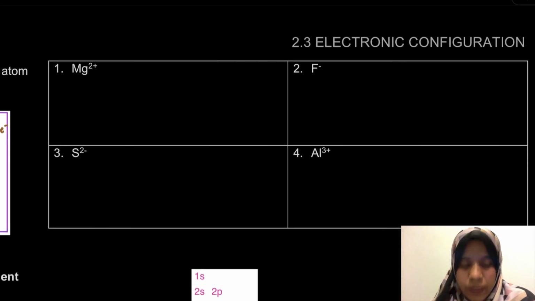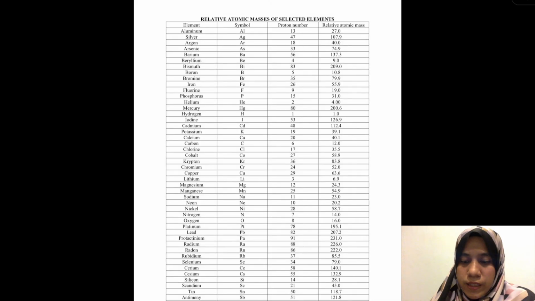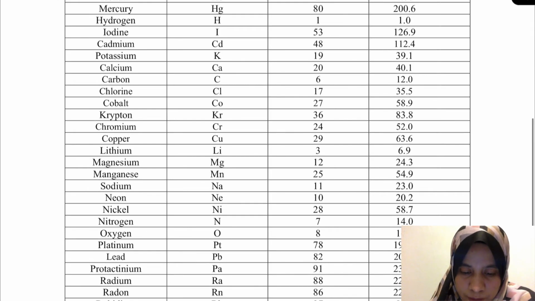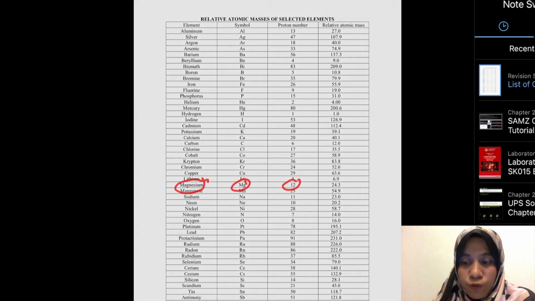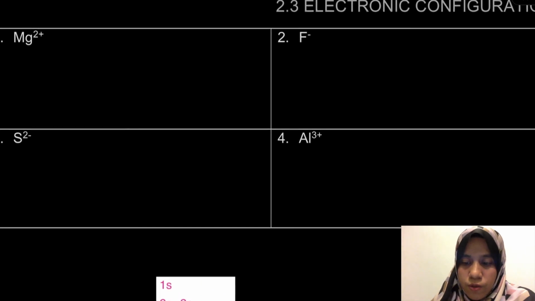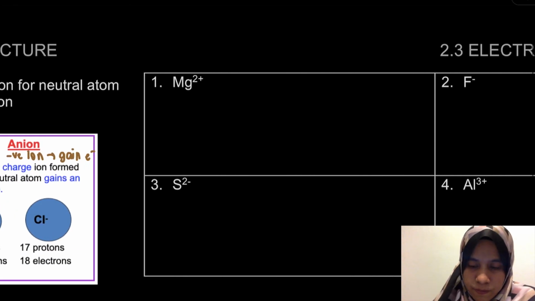Example number 1 is magnesium. So, what is actually the number of protons for magnesium? Magnesium, Mg, so the number of protons for the neutral one is 12. So here, magnesium's proton number Z is equal to 12.